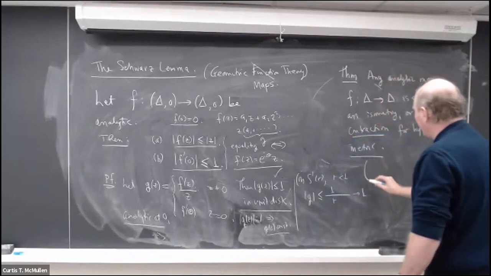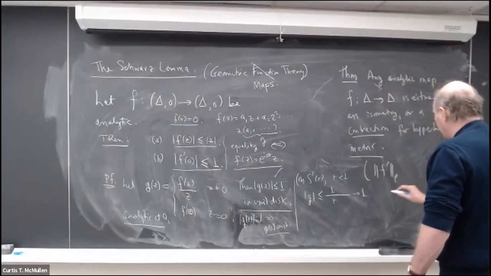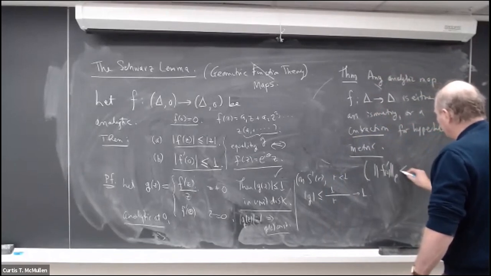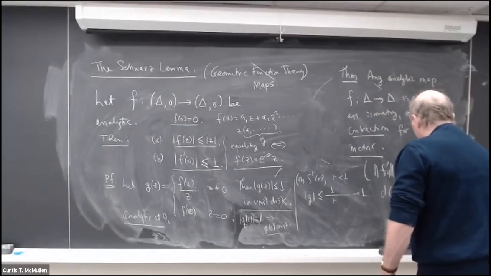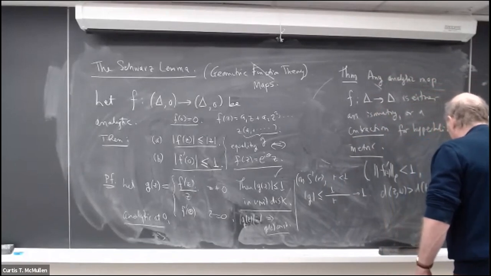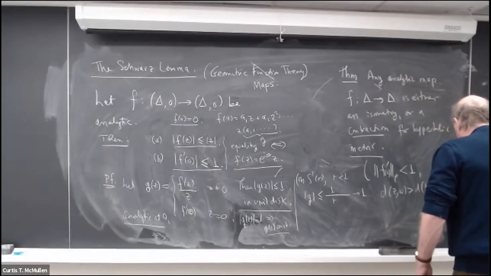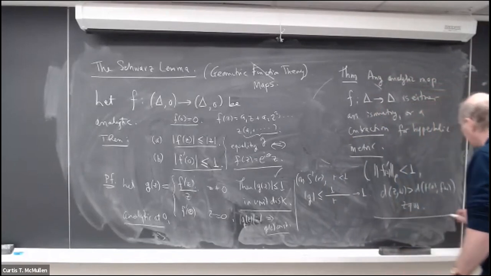Contraction means that the norm of f prime, measured in the hyperbolic metric at a given point z, is strictly less than 1, and that the distance between z and w is a strict upper bound for the distance between f of z and f of w, provided z is not equal to w.